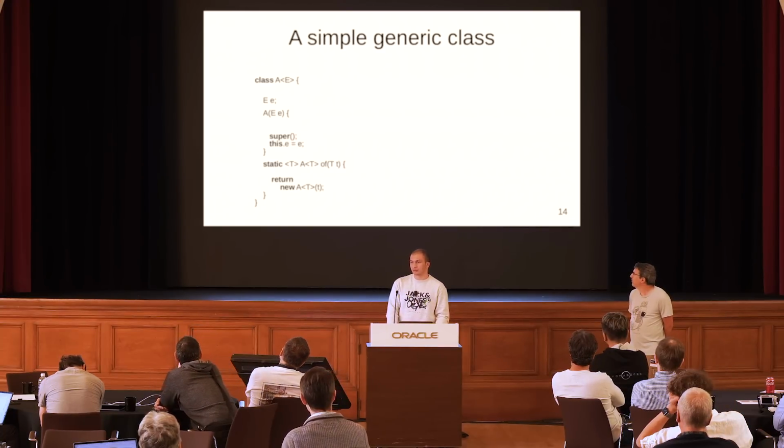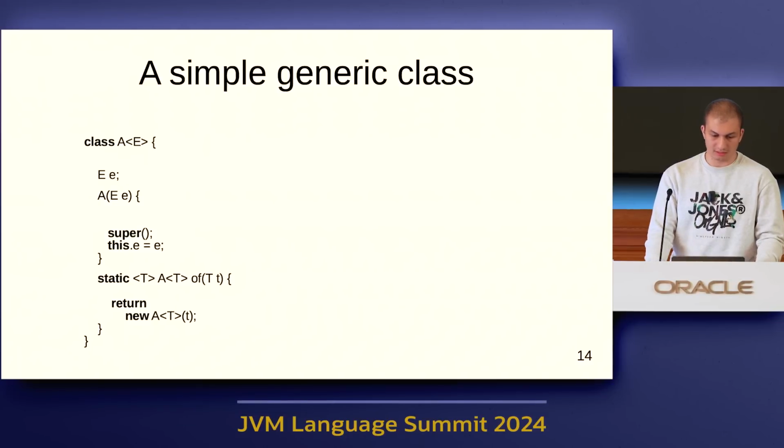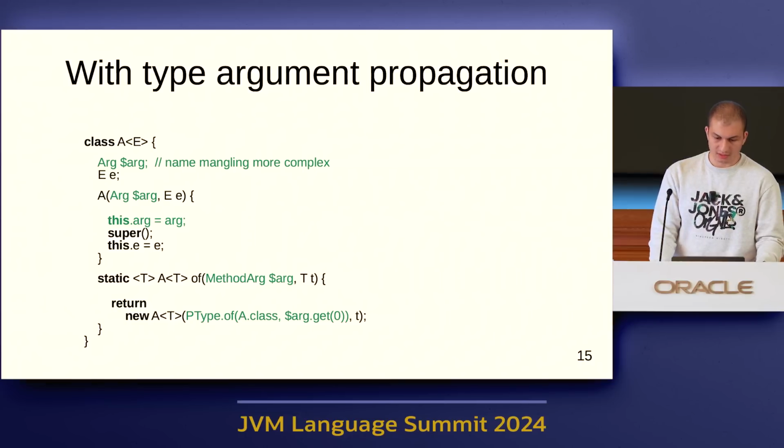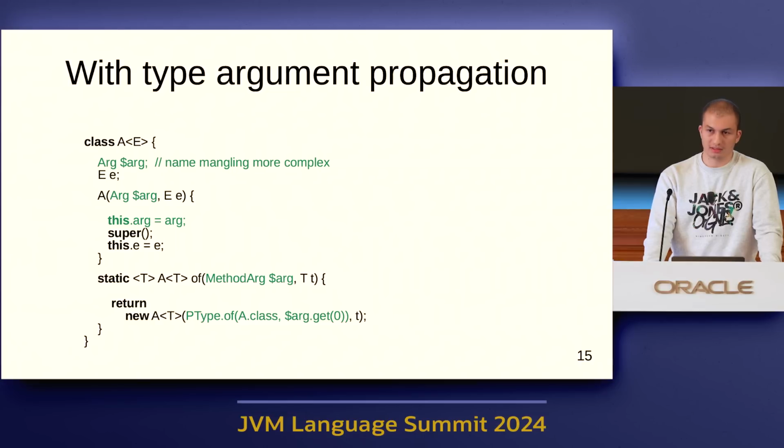To be clearer, let's now look at an example. We have a simple generic class, an A class parameterized with an E, which also declares an E field, and also a generic method parameterized with a T argument. The first step of the prototype will be to propagate the type argument information.